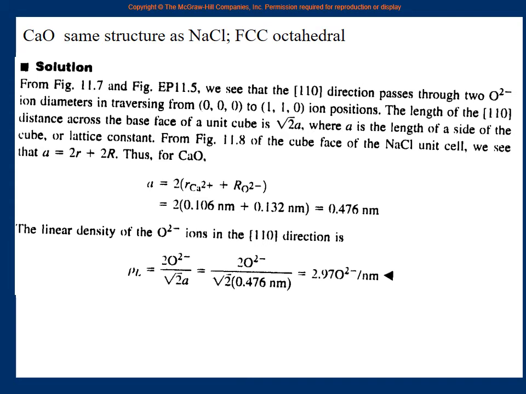Now you should solve the same way using the geometry for calcium also. But I will try to do the same chemistry balance: if it is calcium oxide, there is 1 of calcium, there is 1 of oxygen.